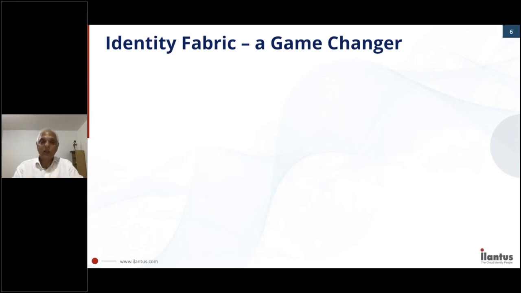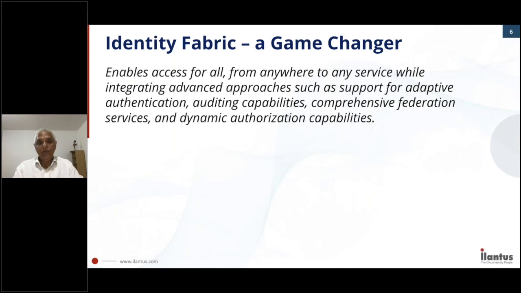At this point in time, I would like to take you into the journey of identity fabric, which is becoming a big game changer. If you haven't really explored the articles on the identity fabric, it is essentially an IAM technology which enables access for all from anywhere to any service.